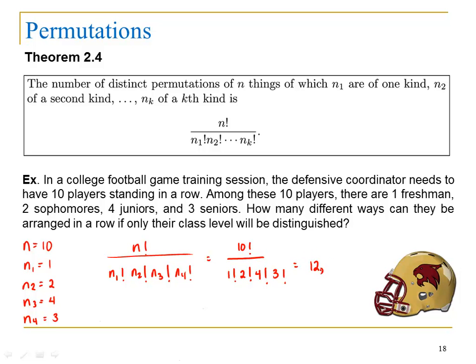And the number of different permutations is 12,600. So by having that limited amount of each class, you can see that you still have a lot of combinations.